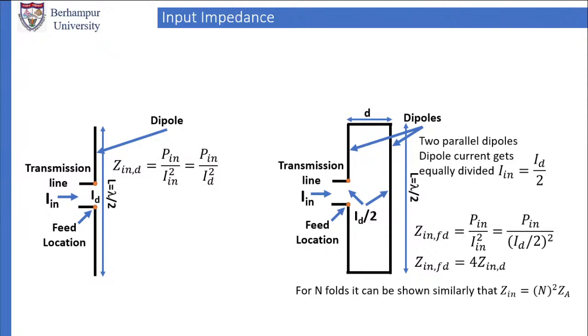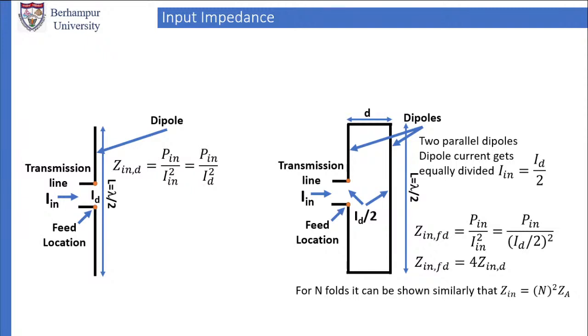The transmission line which is feeding the dipole is carrying a current I_in, that is the input current. So a transmission line is connected to the feed location. At the feed location we have current I_D. On the transmission line that is feeding the dipole, the current is I_in.